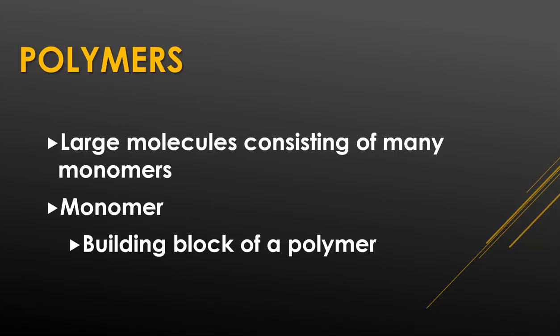You take one monomer, you join it to another monomer, and you keep on joining monomers, and eventually you have a polymer or a much larger molecule. So it's like a train if you think about it. You can add on cars to a train and make it even longer in size. It's the same thing with these polymers. We can take one monomer and keep on adding to the ends of each of these monomers and create a much larger molecule. So typically we're looking for a basic building block when we're talking about these polymers.